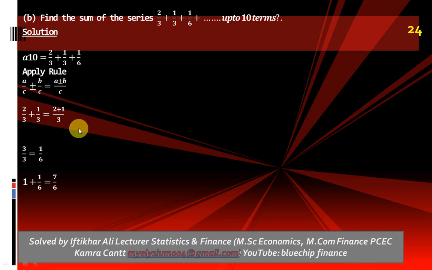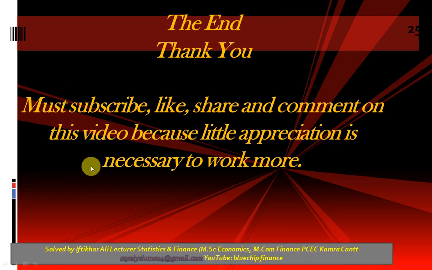A by C plus minus B by C equals A plus minus B divided by C. So 2 by 3 plus 1 by 3 equals 2 plus 1 by 3. Finally, it will be equal to 3 by 3 plus 1 by 6, and 3 by 3 equals 1, so 1 plus 1 by 6 equals 7 by 6.